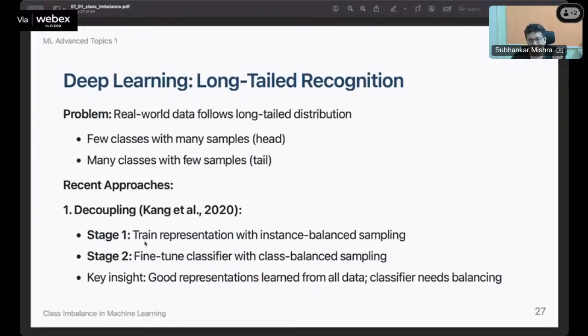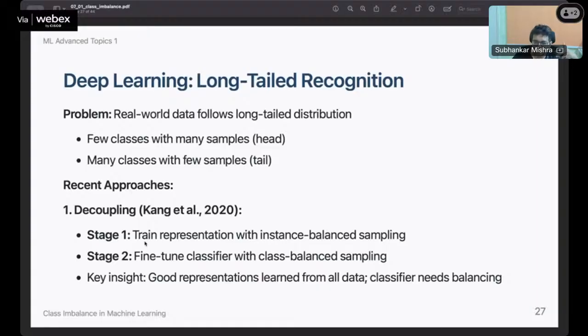Now, what do we do in decoupling per se? We separate these two. First we do representation learning, so that we understand what the data is. We train the full network with normal sampling, so it understands: this is how the data set looks, these are the features, this is generally the relationship between the features, but the labels can be different. That's a different story.